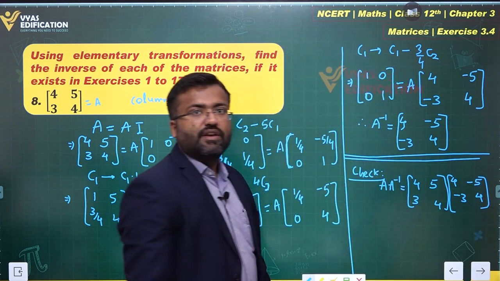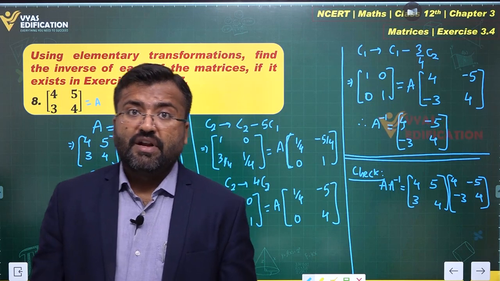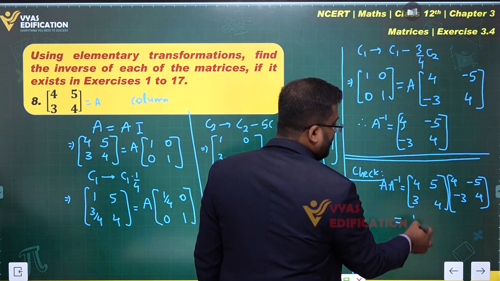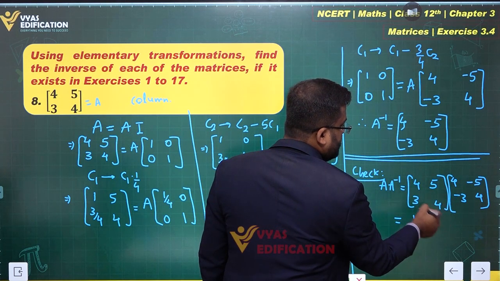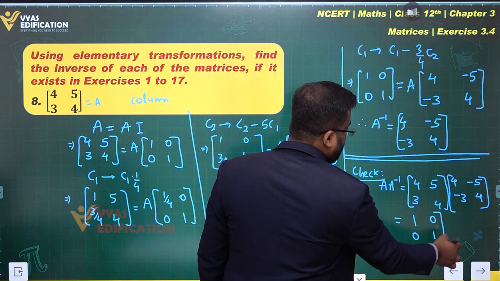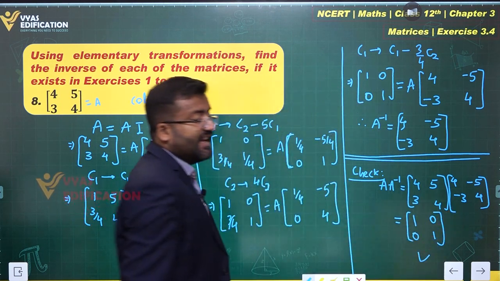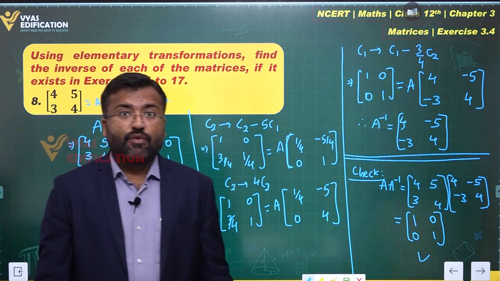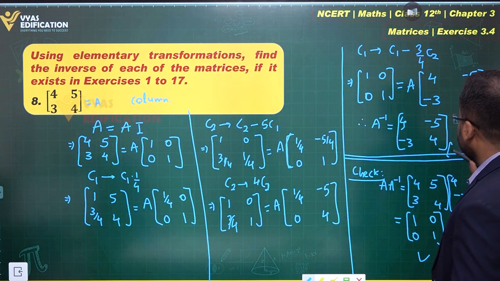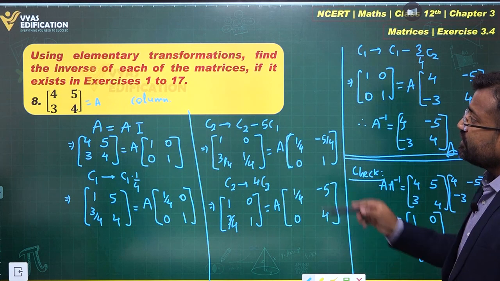We'll multiply these two matrices together and let's see what you get. This is 16 minus 15, which is 1, minus 20 plus 20, which is 0, 12 minus 12, which is 0, minus 15 plus 16, which is 1. This is the identity matrix, and yes, the answer that we have obtained is correct. The inverse matrix that we have obtained is my required answer for this question over here.